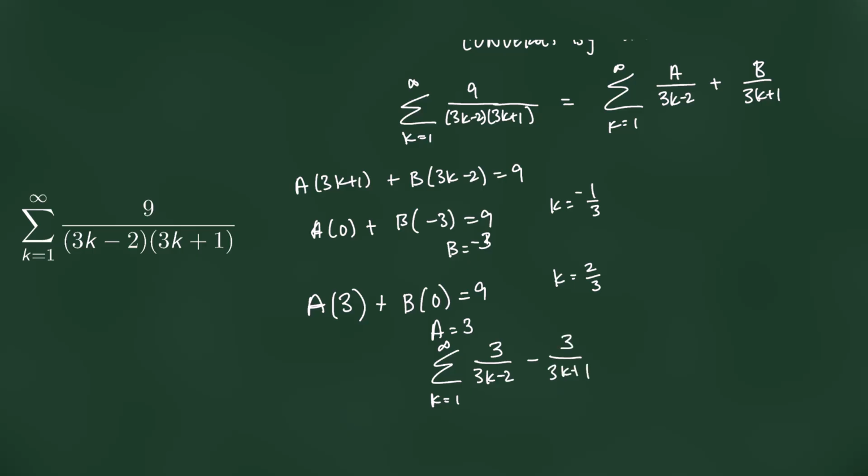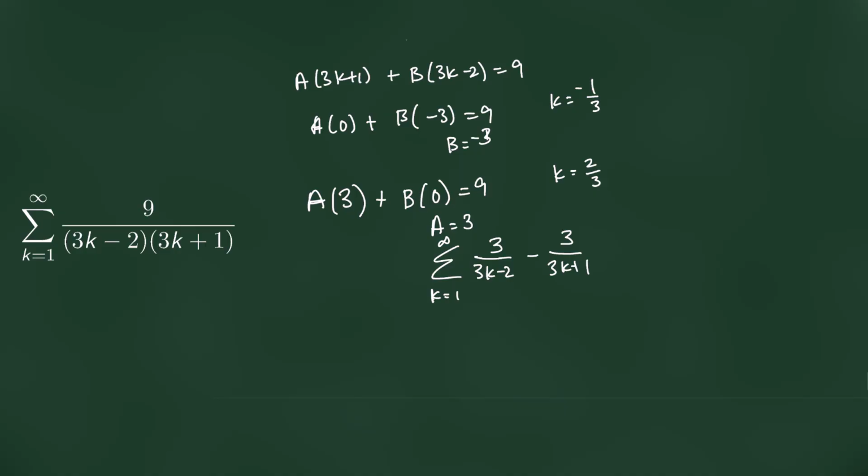And if we begin to investigate now, like we do for telescoping series, our nth partial sum, S sub n, we're going to let k equal 1, and we'll get 3 over 1 minus 3 over, when k is 1, we get 3 over 4. That's k equals 1. Let's look at k equals 2.